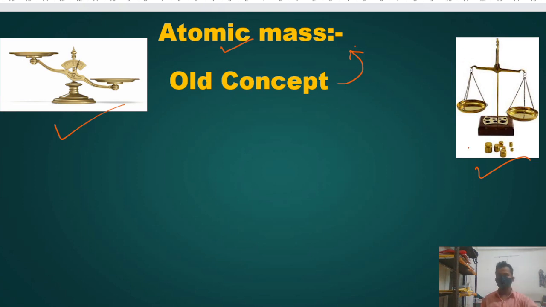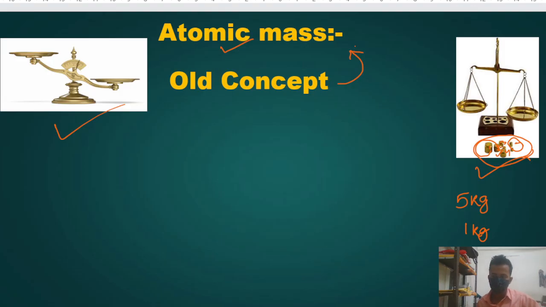First of all, you can see here one, two, three, four, five, six things whose measurement was already known. Let's suppose this big thing measures 5 kg, this is 1 kg, and these two have the measure of 200 gram.